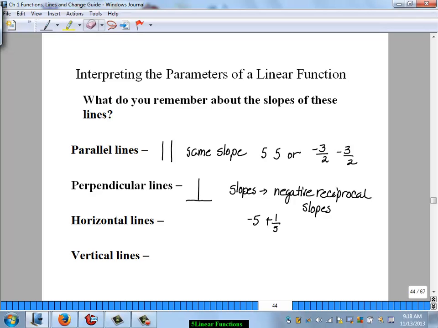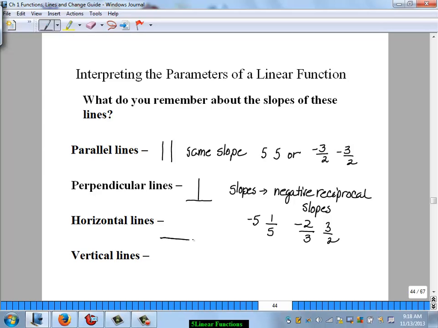You would have to actually flip it and change the sign. So it would be -5 and a +1/5, or it would be -2/3 and a +3/2. That's negative reciprocal. So it's the opposite and you flip it.